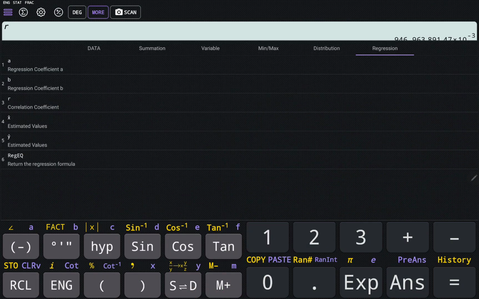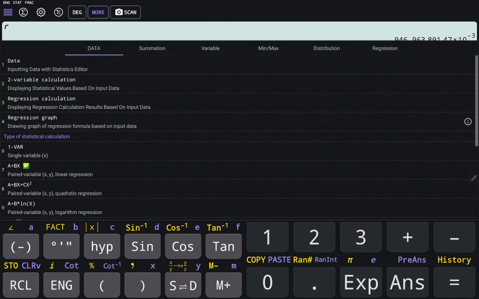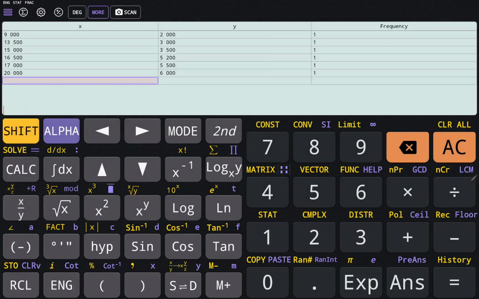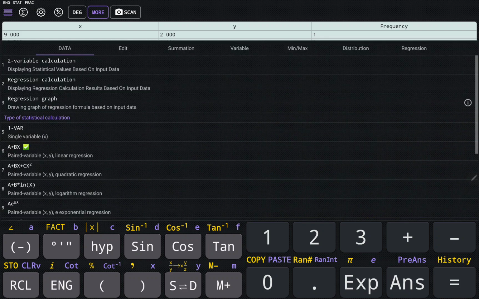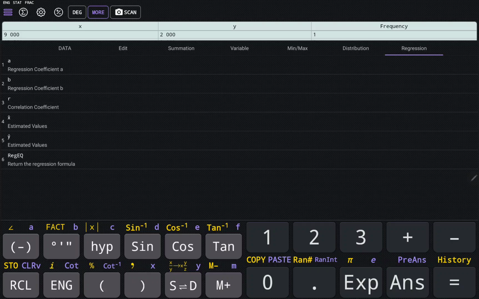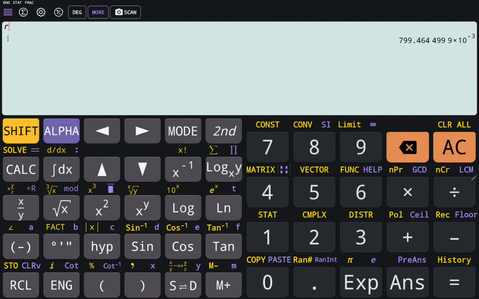Okay, Shift 1. So let's come here. I want to add a person who's earning 18,000, but that person wants to pay 9,000. Okay, now let's quickly have a look at our regression. And I specifically want to focus on R, Shift 1, then R. So if you look carefully, our R now has become 0.8, if you round it off to 2 decimal places.